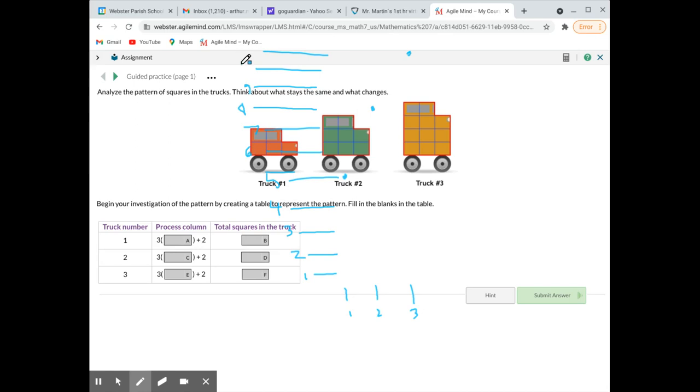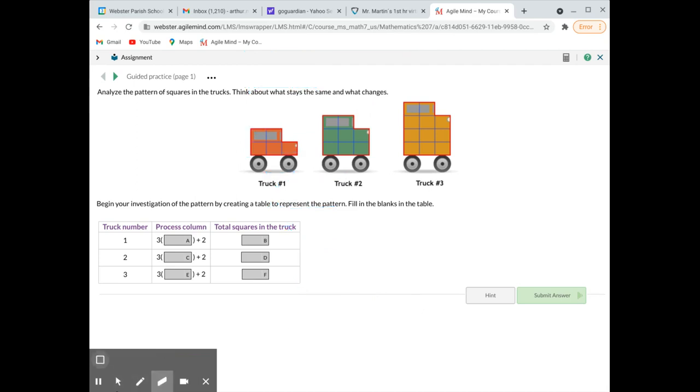So it will make a straight line right through there? Wouldn't that make a straight line? Yes, it would. Perfect. All right. So it is going to be linear then. So let's take a look at what we got. It says the process column.